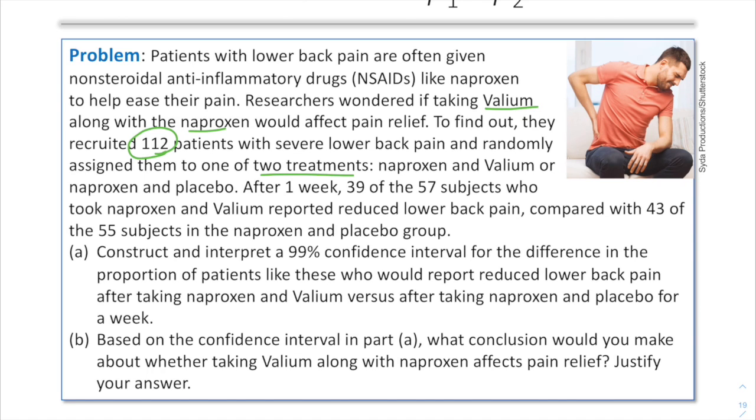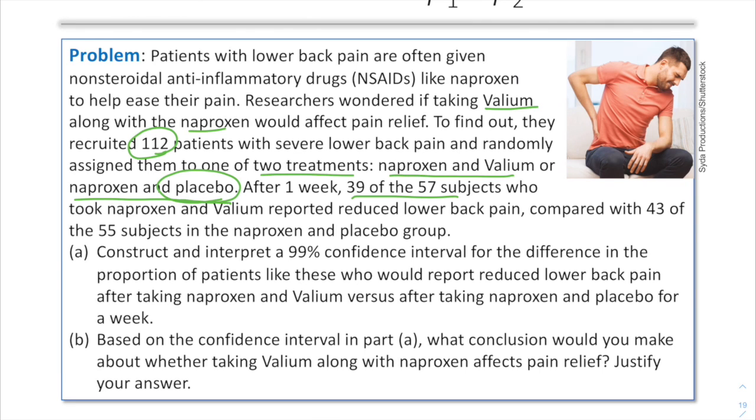One that takes naproxen and the Valium, and the other that's naproxen and placebo. Making sure that they have a second thing that they take, but they don't know if it's the actual drug or not. So after 1 week, 39 of the 57 subjects who took both reported reduced lower back pain, compared with 43 of 55 subjects that had the placebo.